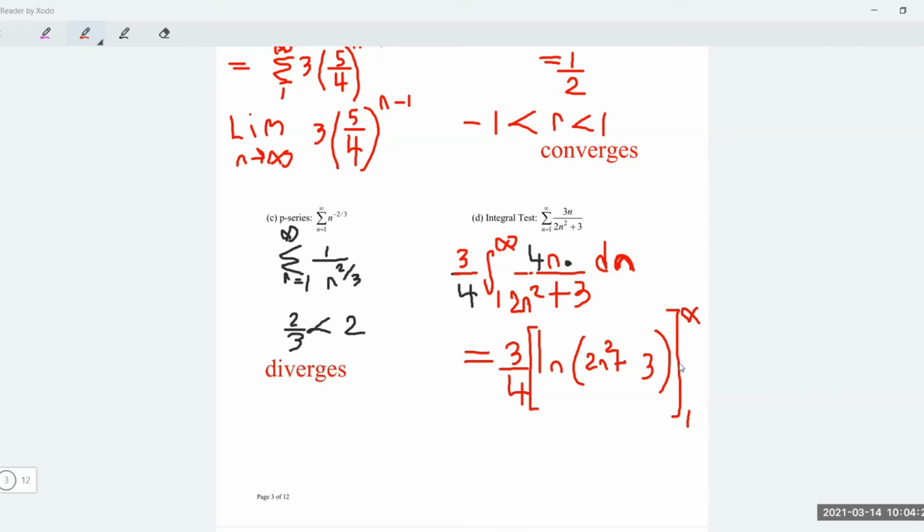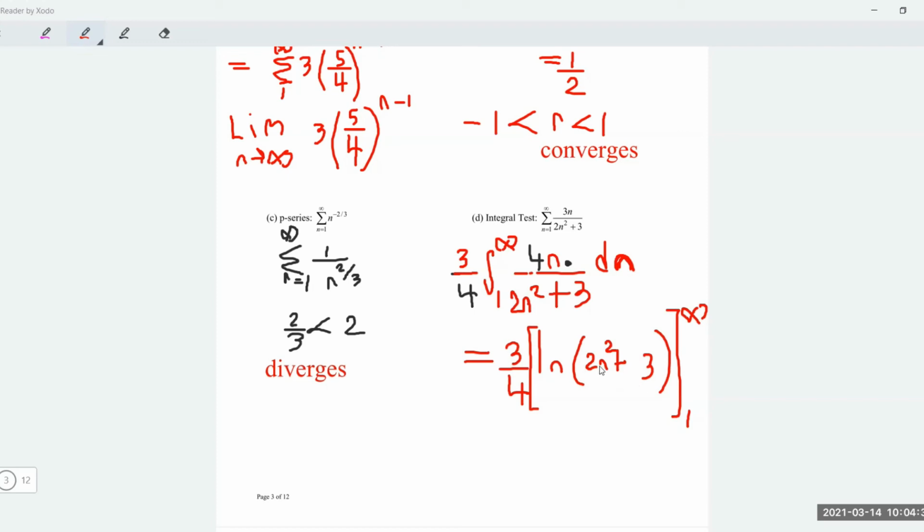Now, as you can see here, ln of infinity is just a big number. Plugging in infinity, you're just going to get infinity.